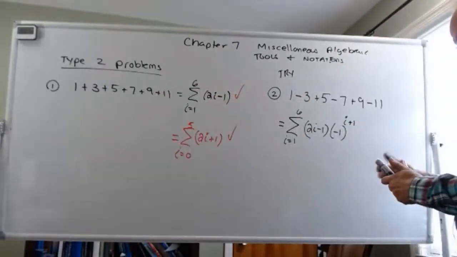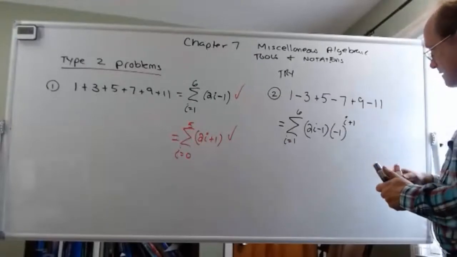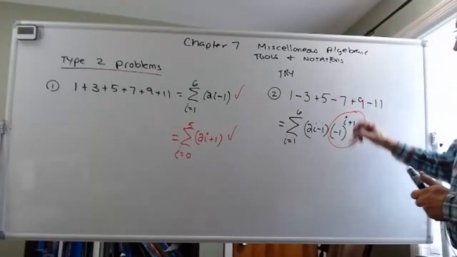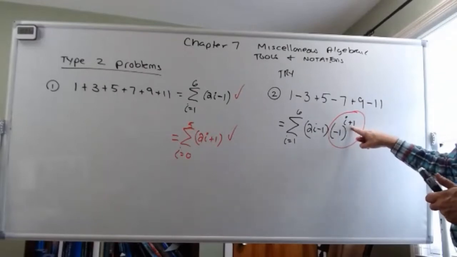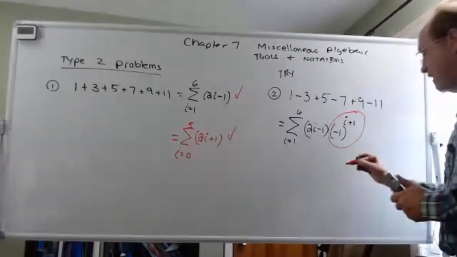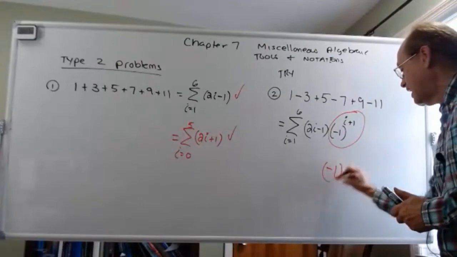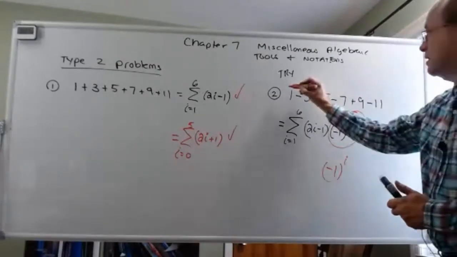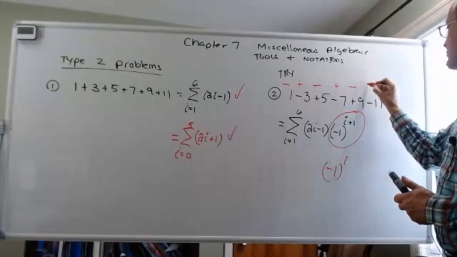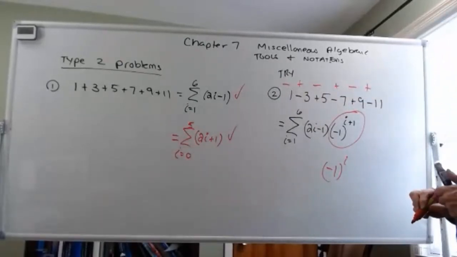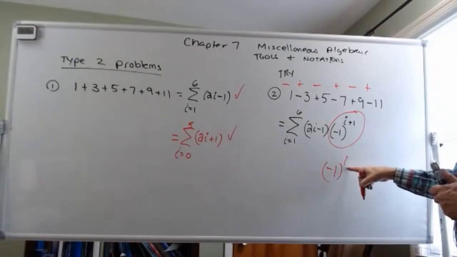This is how I write the changing of my sign back and forth, plus and minus, plus and minus. This starts out as a plus. But if I write it this way, with just an i, then that would have been a minus, and then a plus, a minus, and then a plus, a minus, and then a plus. If I just have an i there.